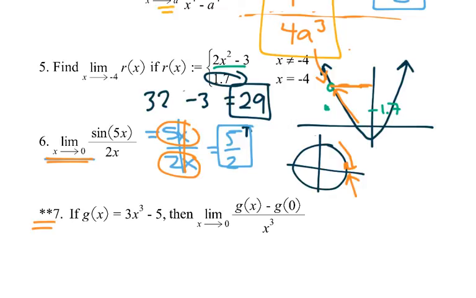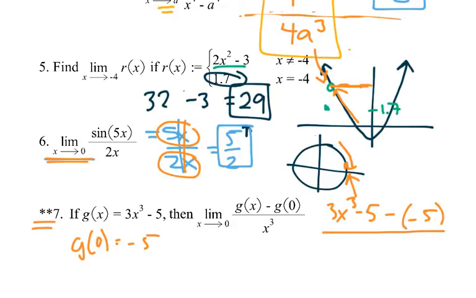Alright, so the trick here is basically we're going to substitute 3x cubed minus 5 for g of x. And then g of 0 is when we plug 0 in, and that just equals negative 5. So I'm going to subtract negative 5, that's what g of 0 ends up being, and then that's over x cubed.